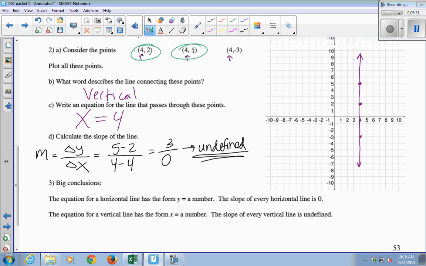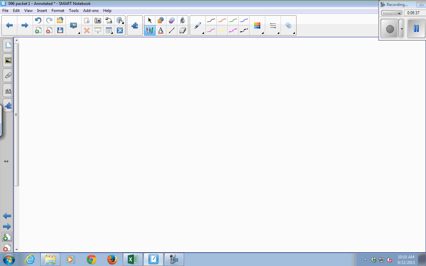Exactly. If you've never seen why, I'm going to do a quick justification of why you can't divide by 0. You had 3 divided by 0. Some people thought the answer was 3. If it was 3, then 3 over 0 would have to equal 3 over 1. Does that seem like those two quantities should be the same?